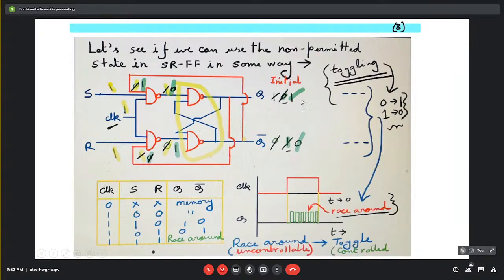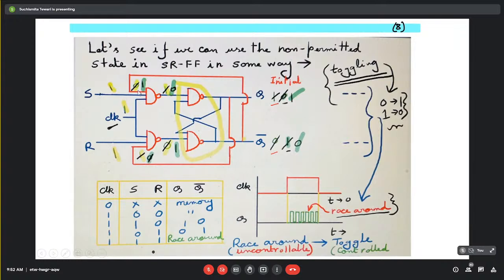Suppose we are assuming the previous state is Q equal to 1 and Q bar equal to 0. So Q is equal to 1 and Q bar is equal to 0. Here this one is fed back here, and this 0 is fed back here.